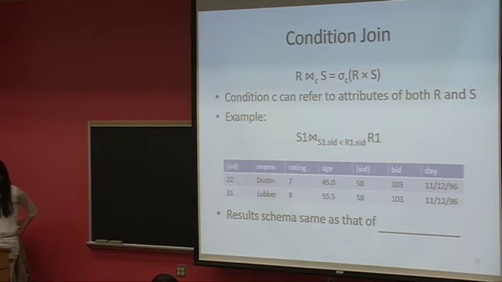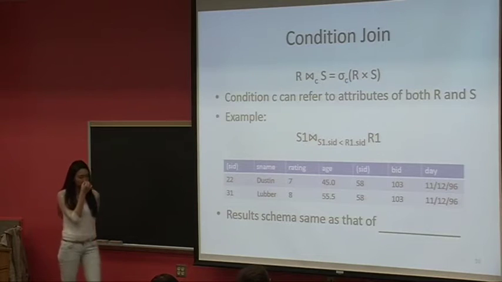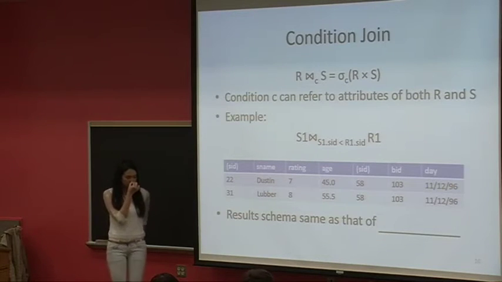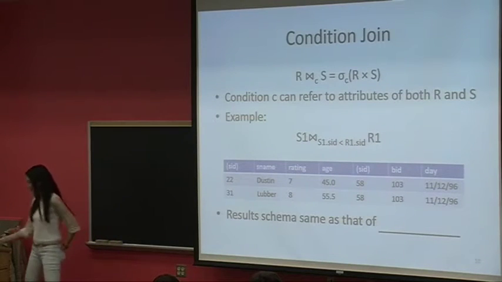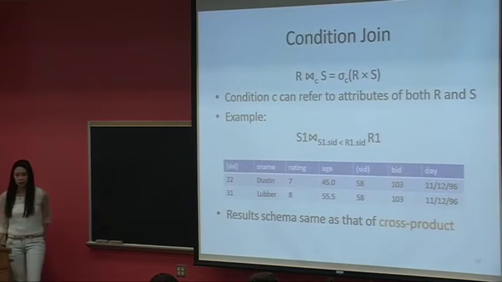So as you can see, the result schema is the same as that of taking a cross product.